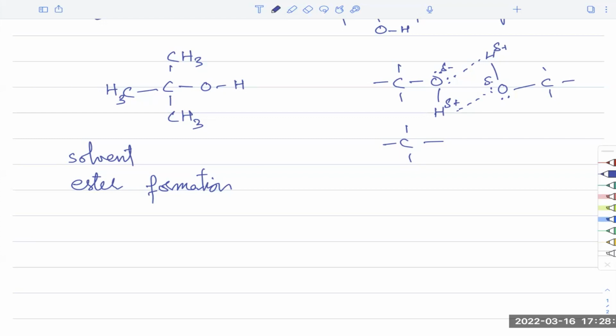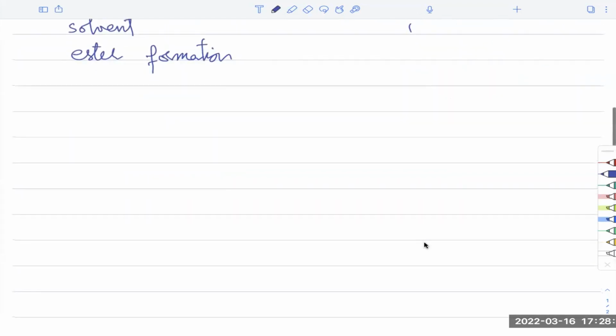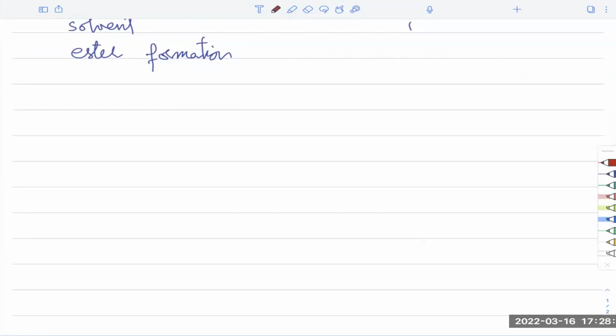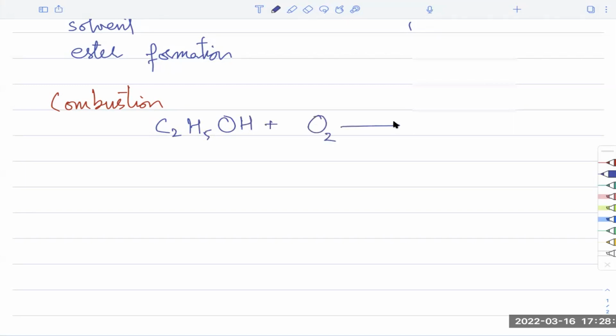Next, there is a chemical property which all alcohols, in fact, all organic compounds have, that is combustion. So alcohols, like other organic compounds, will burn and they will produce carbon dioxide and water. So if I have ethanol, then it will burn in excess oxygen, producing carbon dioxide and water. Now, here's an important idea.